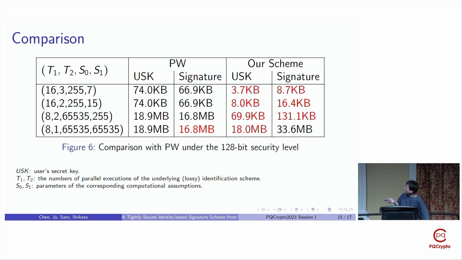From this table, we see that when S1 is chosen to be small, the user secret key size and the signature size of our scheme are much smaller than PW. But if S1 is chosen to be large, then the user secret key size of our scheme is still favorable, but our signature size becomes 2 times larger than PW.